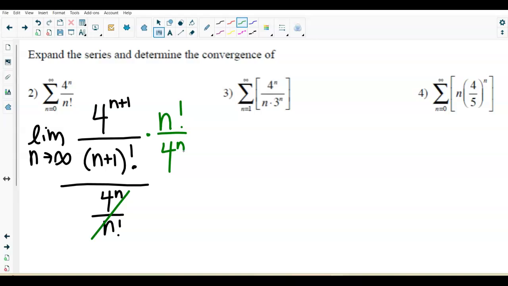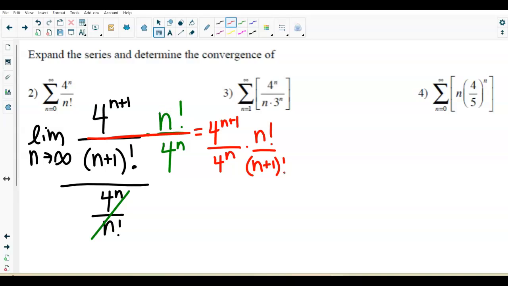And so when we simplify this, we can put this into one fraction. We can simplify this to 4 to the n+1 over 4 to the n times n factorial over n+1 factorial. I guess I put them as two separate fractions instead of one.